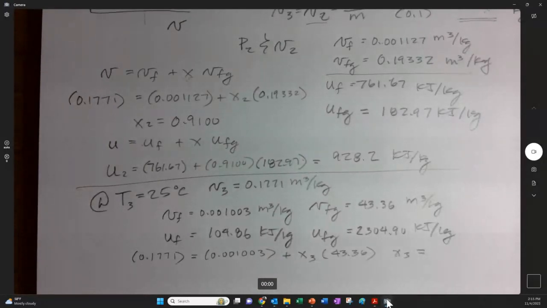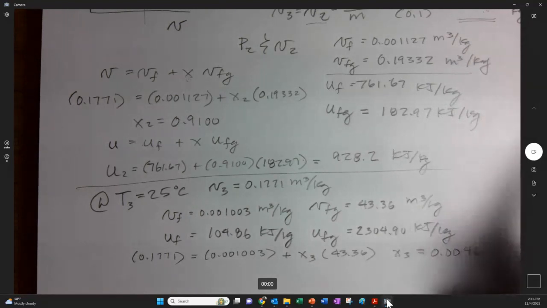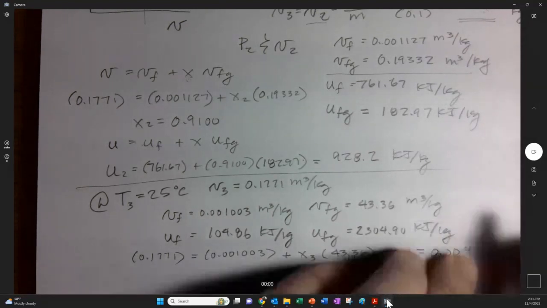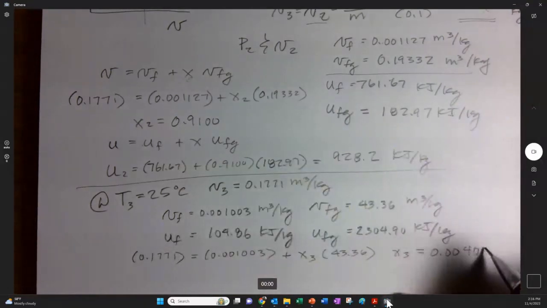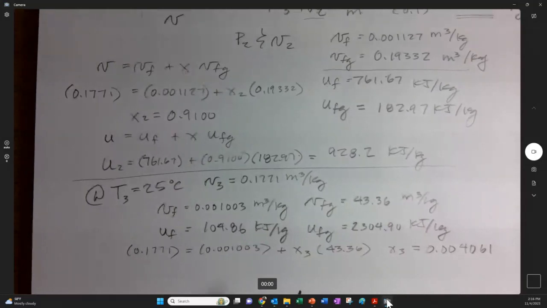So 0.1771, 0.001003 subtracted out, divide by 43.36, and we end up with a very small 0.004061. So 0.4%. Pretty small.